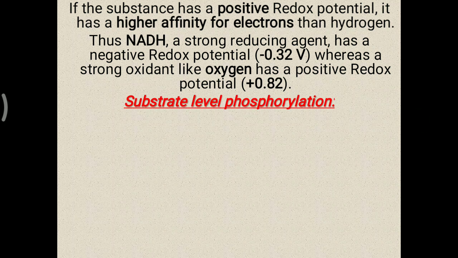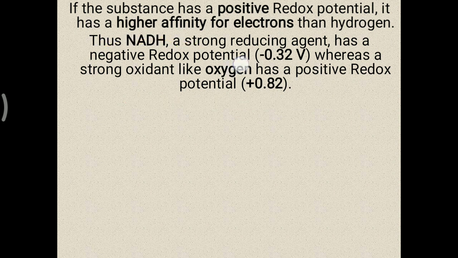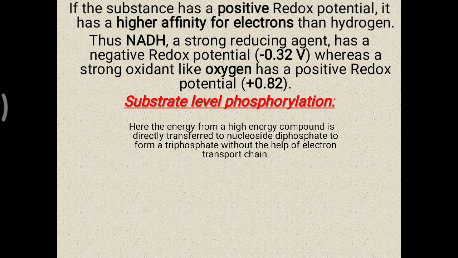Substrate level phosphorylation is also based on redox potential. Now, for NADH the value is minus 0.32, and for oxygen it is plus 0.82. That is a very important value, and it is very useful to understand the electron transport chain that we will look at later in this video. So first, substrate level phosphorylation.